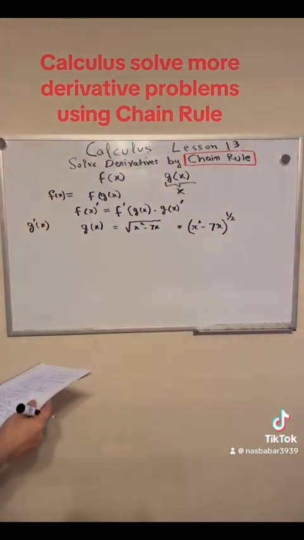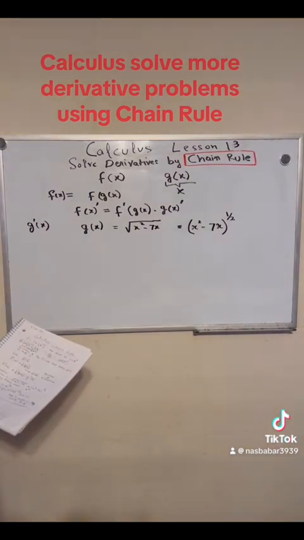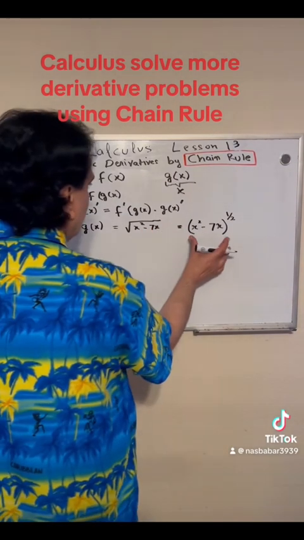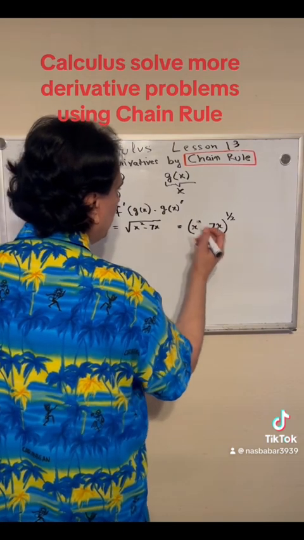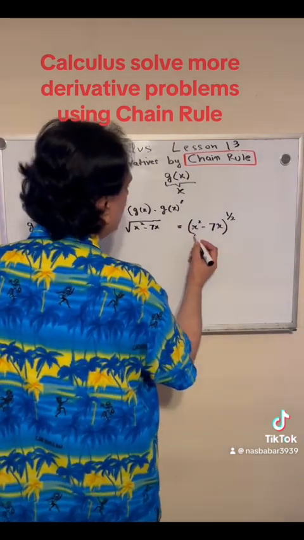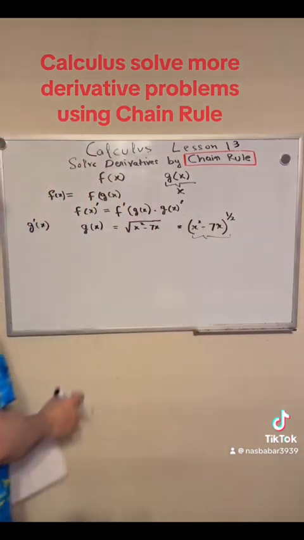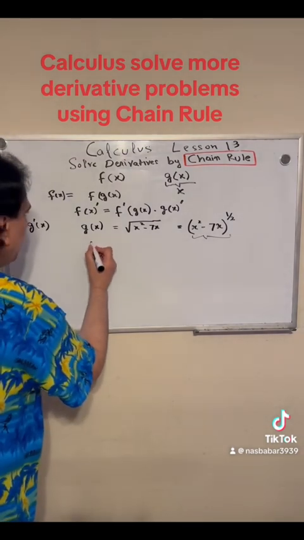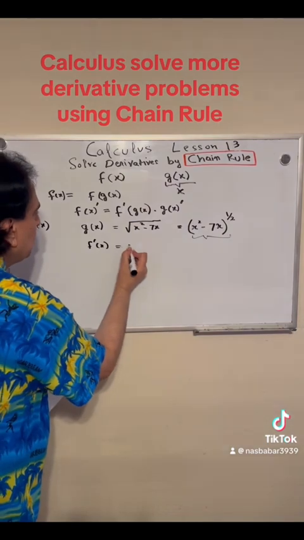Now what we basically have is a derivative of this thing. You're going to apply the chain rule. You're going to take the derivative of the whole thing and then what's inside. So then I can move forward and say f prime of x is equal to 1/2.